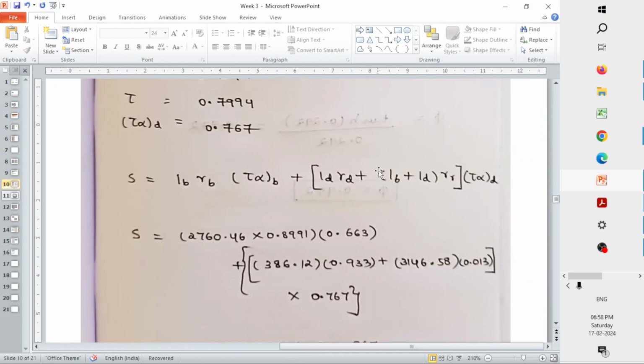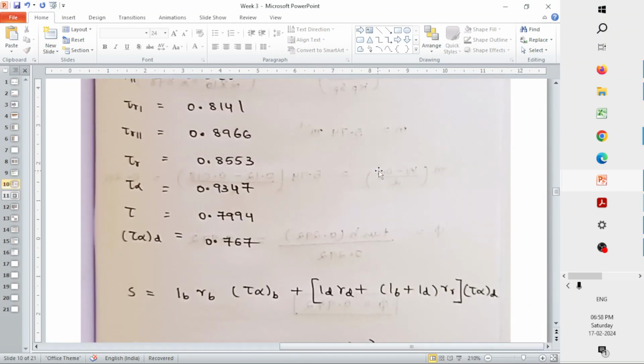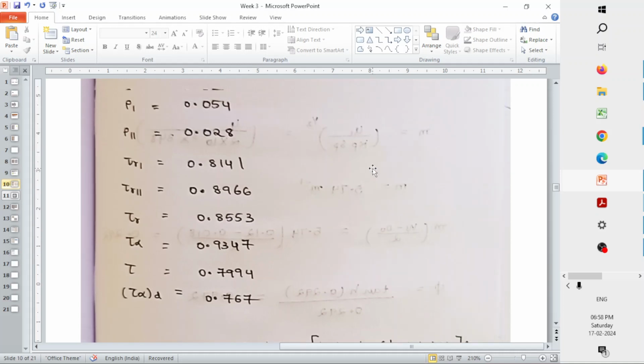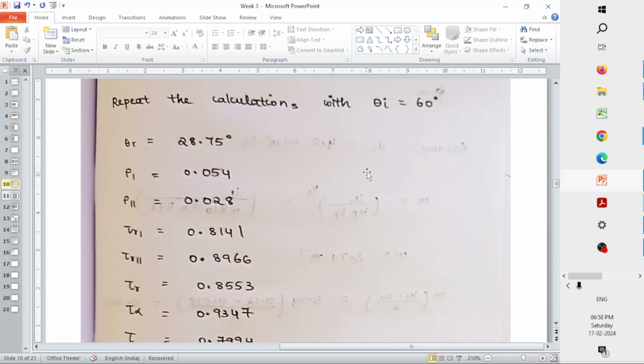So tau alpha d: you understood that we used theta I, the angle of incidence, and then we calculated rho 1, rho 2, tau r1, tau r2, tau r, tau alpha, and tau alpha b, right? Similarly, we also have to account for our diffusive radiation. Some amount of the light is going to get diffused, so we need to account for that also.